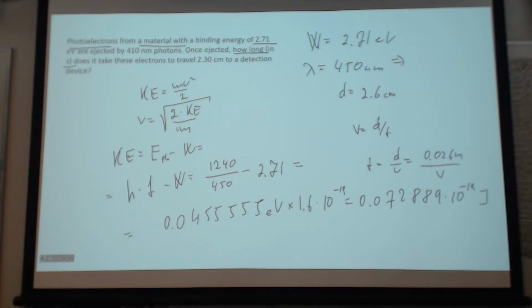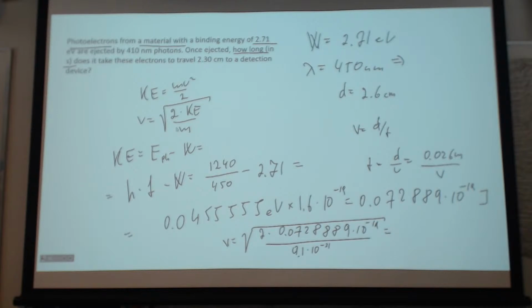So now we have to calculate the speed. 2 times this number, divided by 9.1 times 10 to the negative 31.